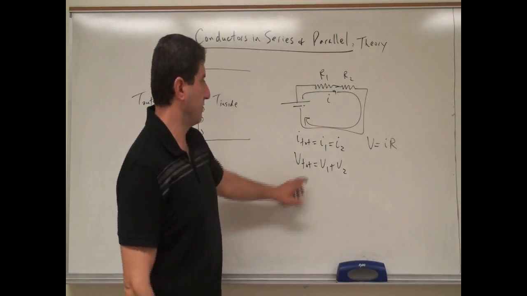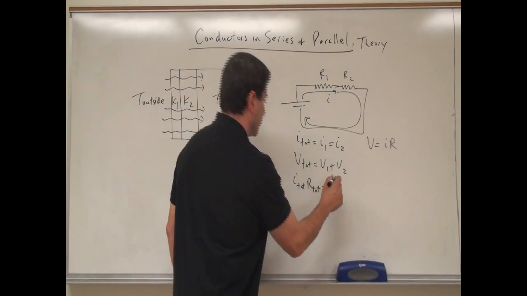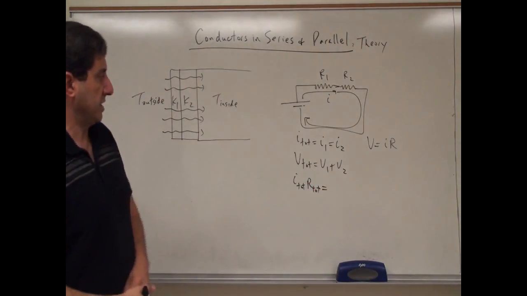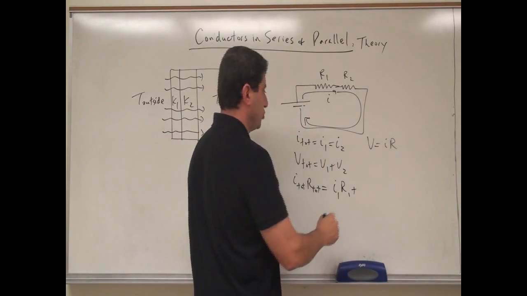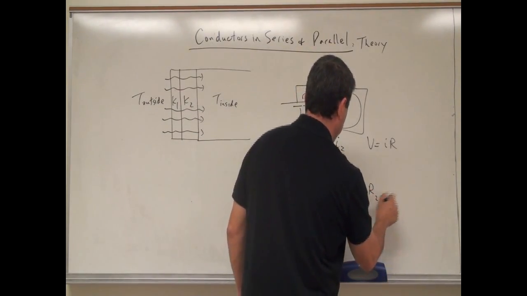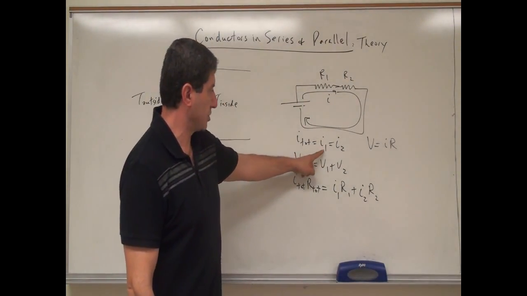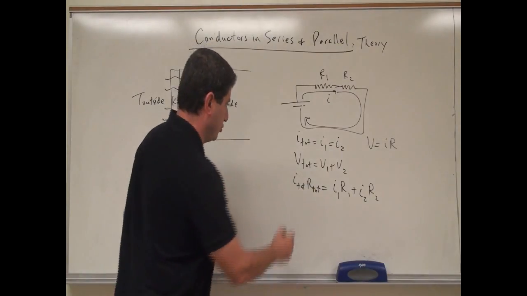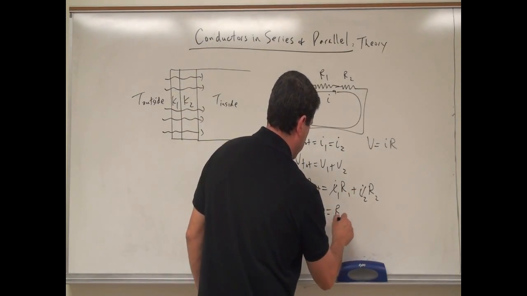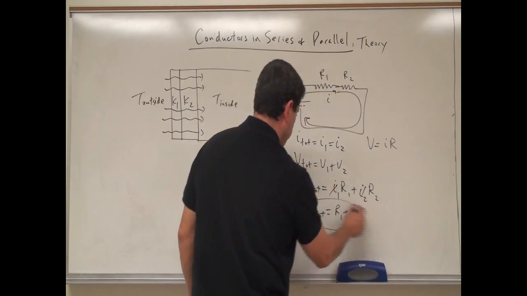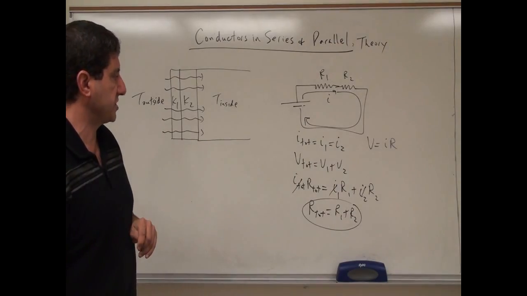So the total voltage is I total R total, V1 equals I1 R1, and V2 equals I2 R2. The total current equals I1 and equals I2, so the currents cancel. Then R total is equal to R1 plus R2. This is how you set up the equation for two resistors in series.